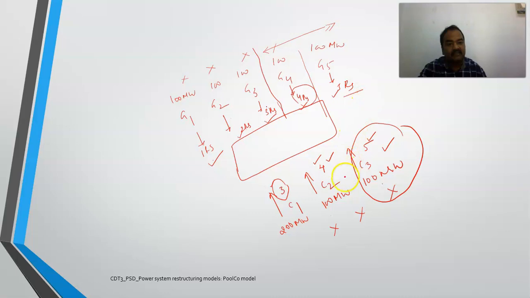On the buyer side, let us suppose there is a buyer C4 who wants 500 megawatts and is willing to pay 10 rupees also. So what will you select? You will select this guy because he is ready to pay 10 rupees and wants 500 megawatts. All the generators are supposed to provide electricity to this guy, so the others will not get any electricity.